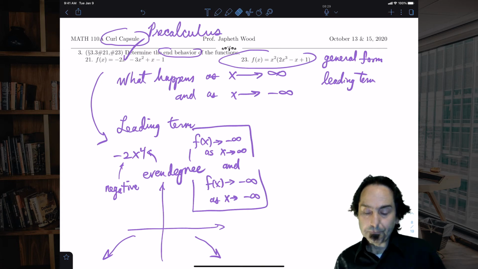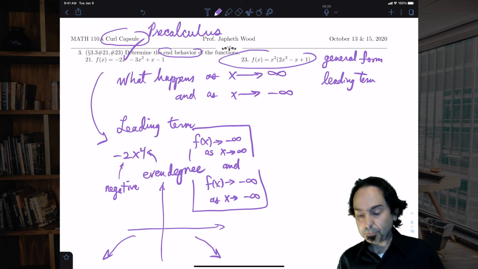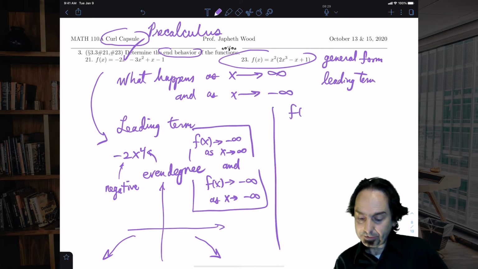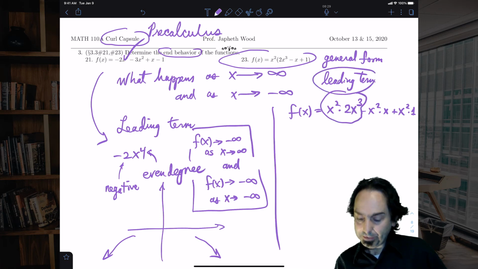So if we multiply this out, this is in partially factored form, f of x would be x squared times 2x cubed minus x squared times x plus x squared times 1. And here's the leading term, and that's all that we need to know. Simplified, that'll be 2x to the fifth, and so that's an odd degree.